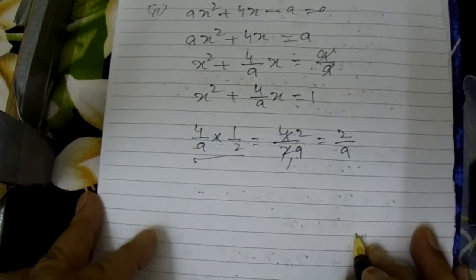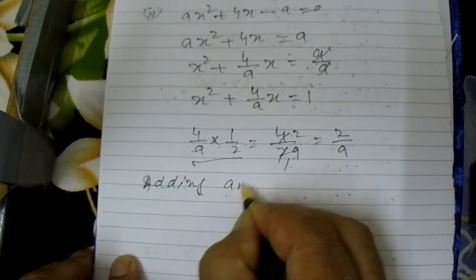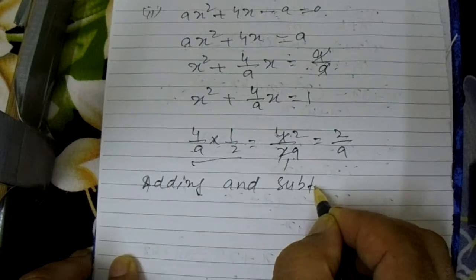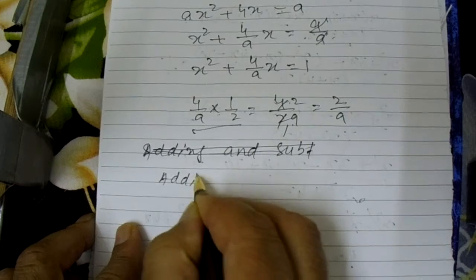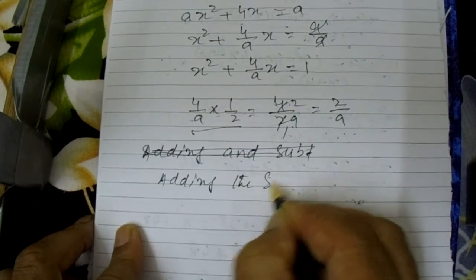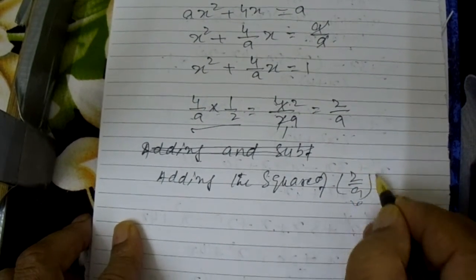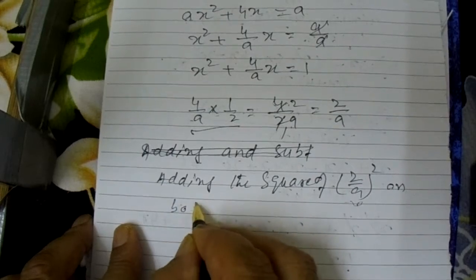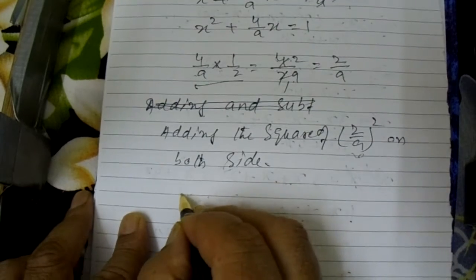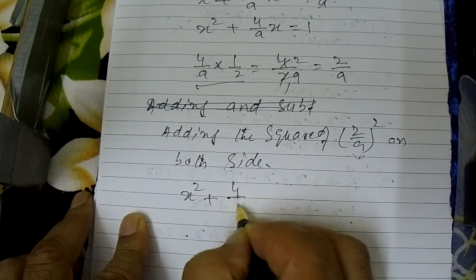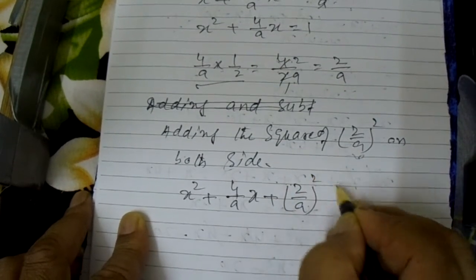Now adding and subtracting, adding the square of 2 over a on both sides, we get x square plus 4 over a x plus 2 over a whole square.